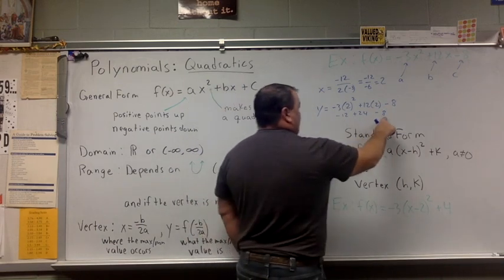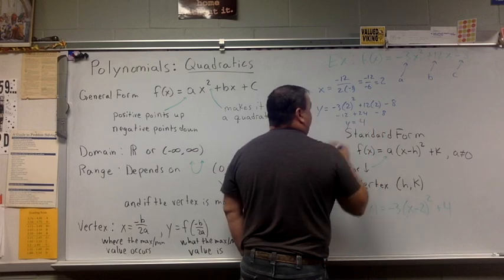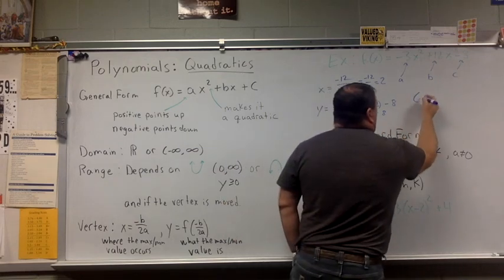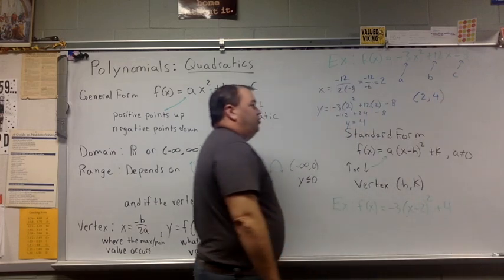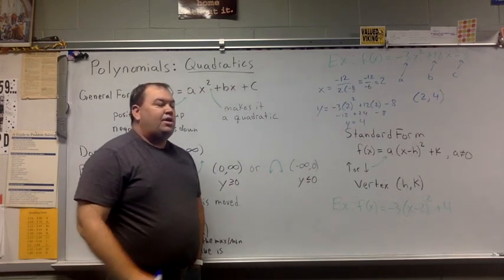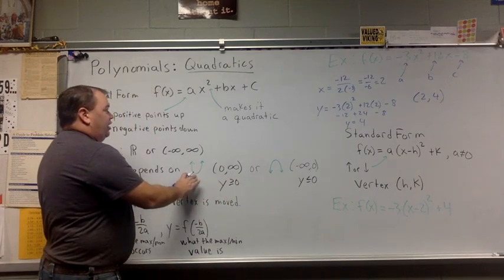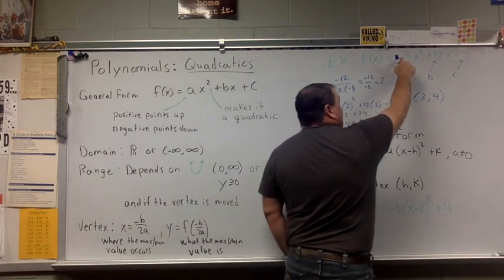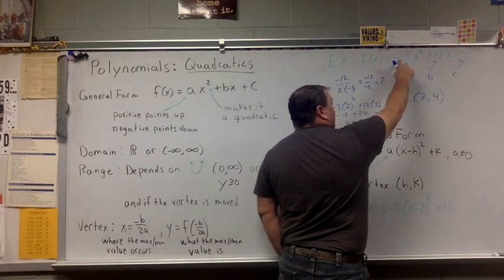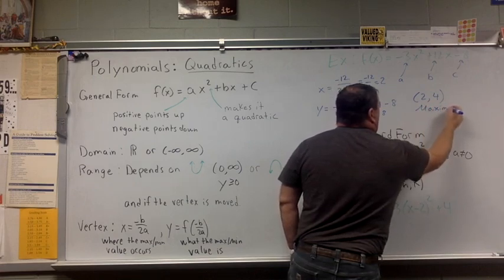So when I put these things all together, I get y is 4. So that tells me the maximum occurs at 2, and the maximum value is 4. Now if I take what I talked about over here when it comes to the range, pointing up, pointing down, that leading coefficient tells me this is pointing down. So this is actually a maximum.